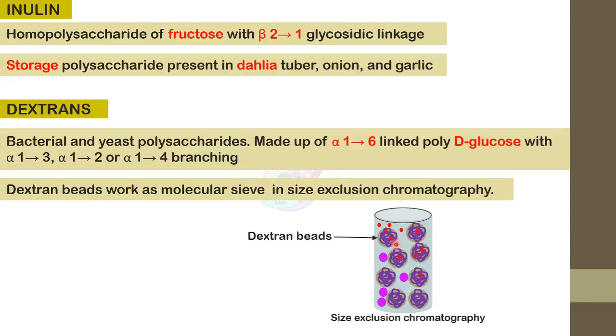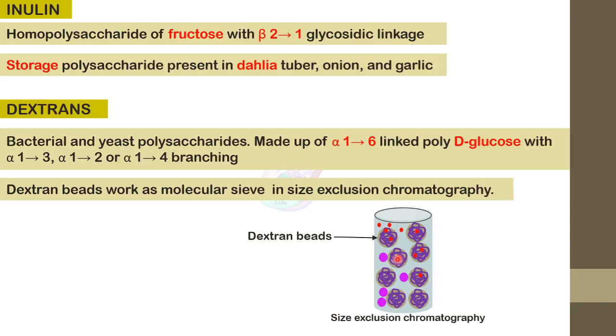So if you can see here, this is the size exclusion chromatography. Here we have this dextrin bead which acts as a molecular sieve. Larger molecules pass around the outside, so they move faster, and smaller molecules pass through the dextrin beads, so they take longer.